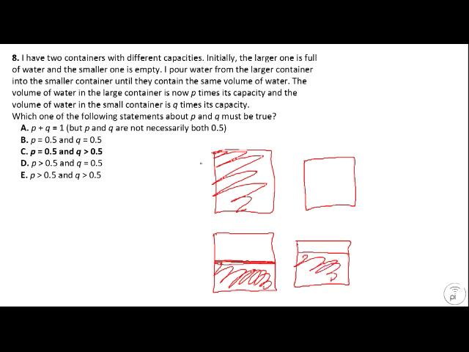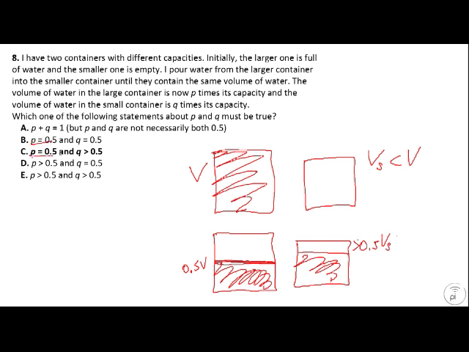So the whole volume is V. Here is 0.5 V. Here the whole volume is less than V. V smaller is less than V. So here it's more than 0.5 V. So here we have got P. It is 0.5 V. It is right.